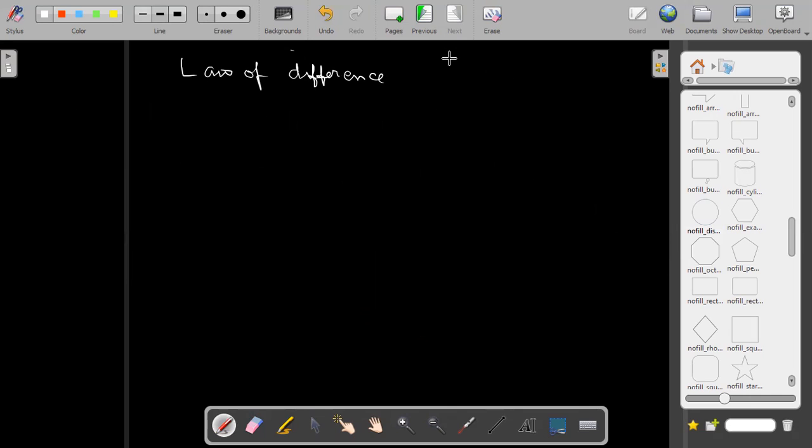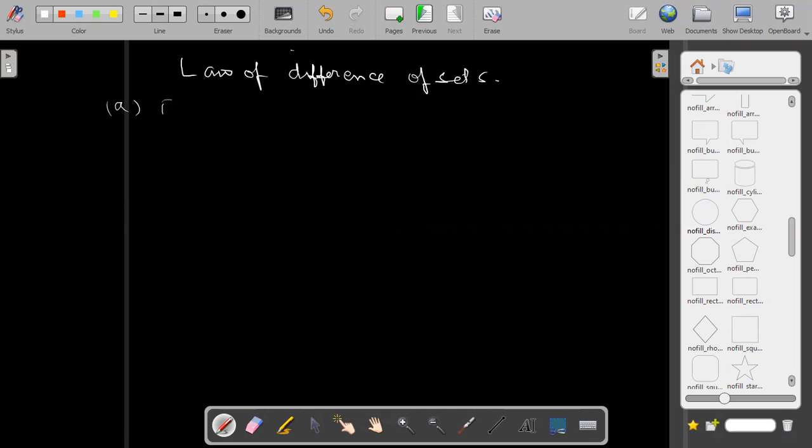We have to do some questions also, but now we are completing these topics, then we can have more questions. So the law of difference of sets for two sets and three sets.